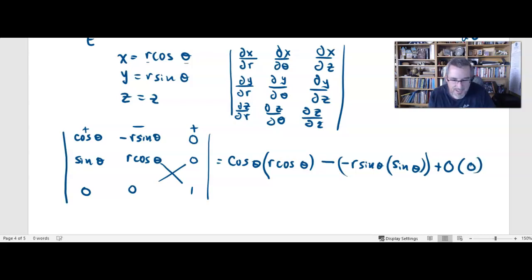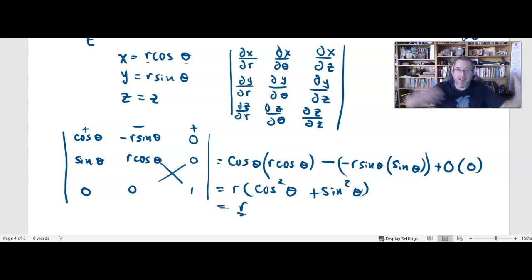So not so interesting. Do you see it now? Factor out the r, cosine, cosine, minus, minus. Factor out the r, sine, sine. Ta-da! r d theta dz. The Jacobian. All right.